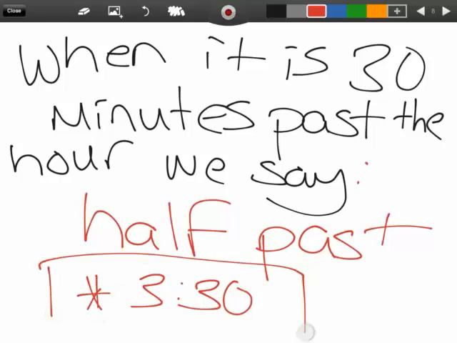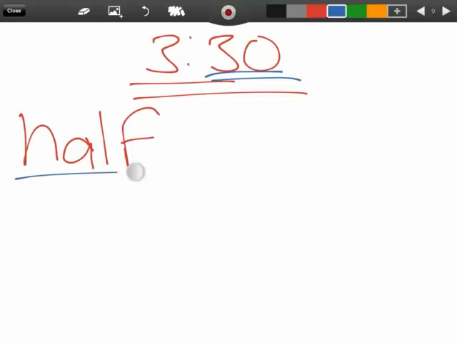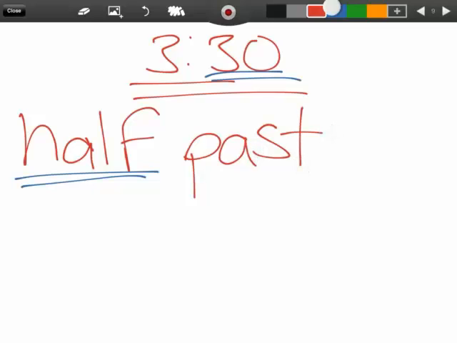If I wanted to say this, we can use half past. But we could also say 3:30. Now, let's move on to our example. Let's say 3:30. I am going to say half past. We are using past because it is between 1 and 30.